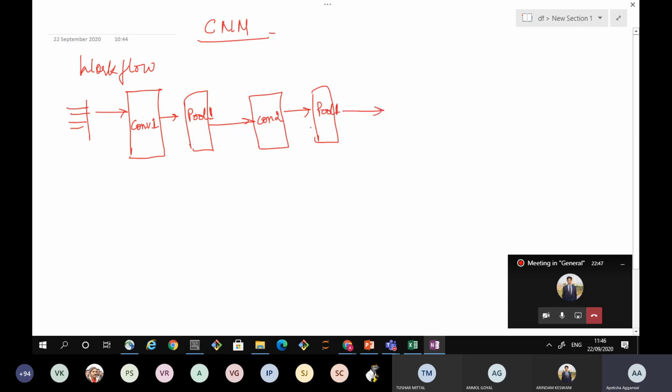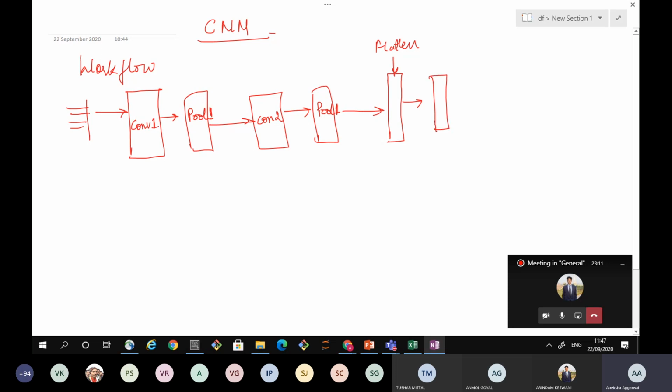After doing all this portion, this is for your images. What you do is you flatten your image over here. This is not a layer, you just flatten whatever is coming from the previous inputs. After flattening, we have a fully connected layer.